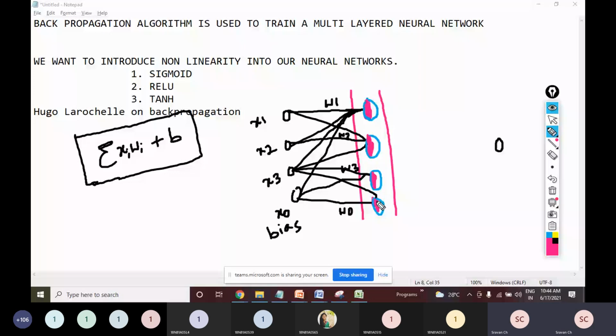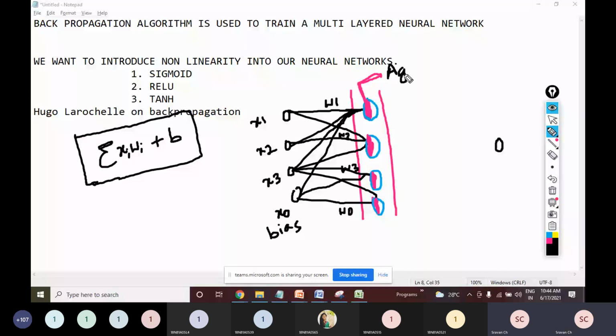Now this first part is our sigma. Whatever summation we have done is generally called aggregation. Please observe carefully.